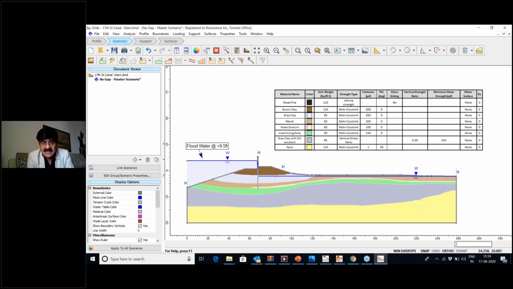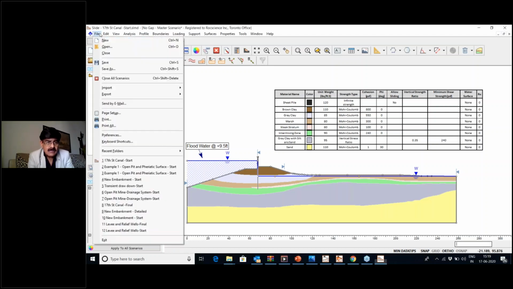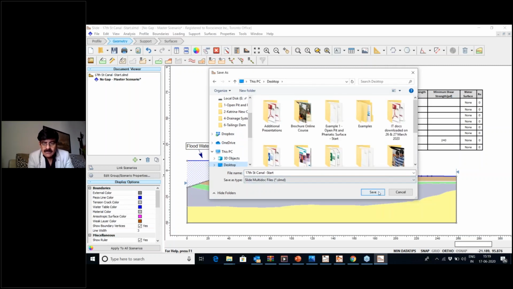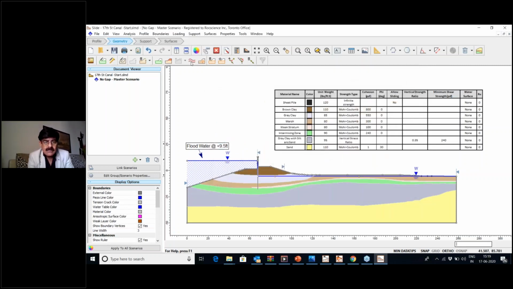So having applied this, let's go and do the analysis, and compute.